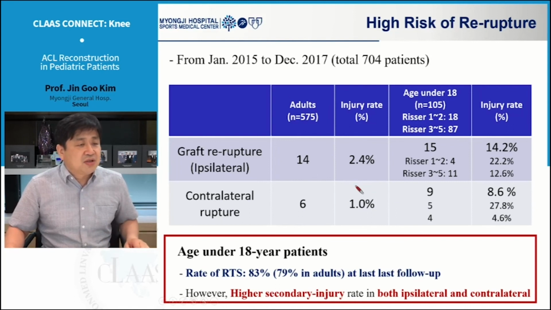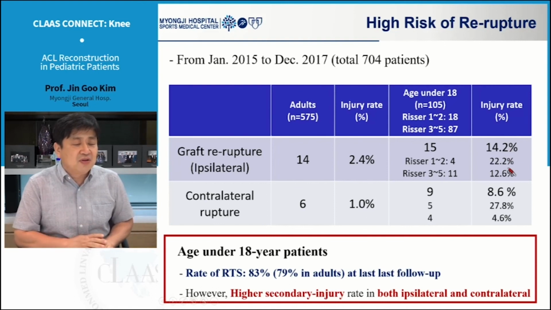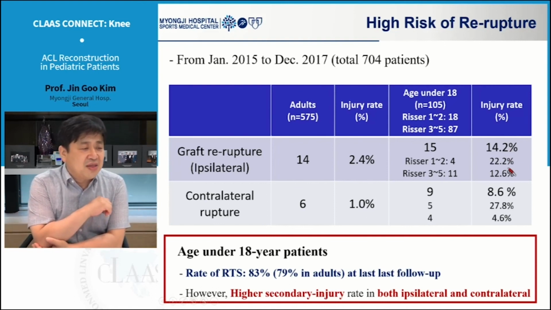This is our result. The re-rupture rate of our past 700 patients is 2.4% in adults. However, in children and adolescents it is 14.2%, significantly higher than the adults.